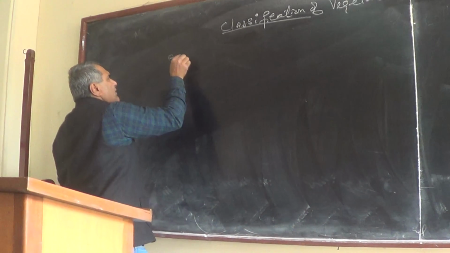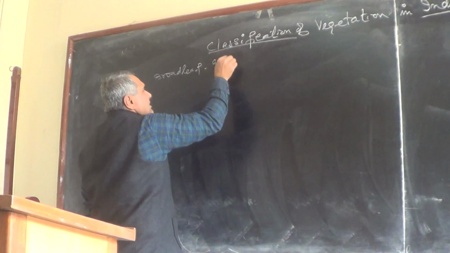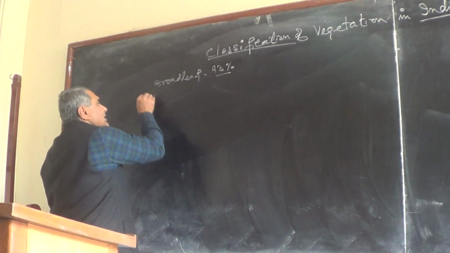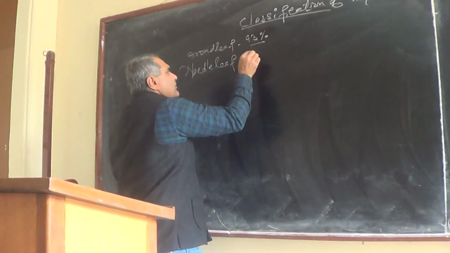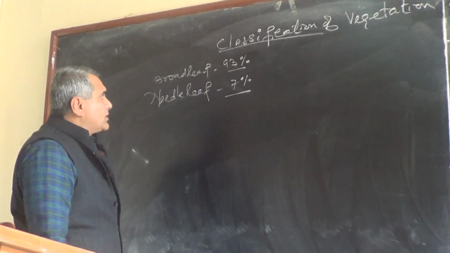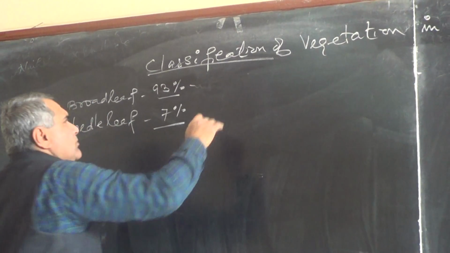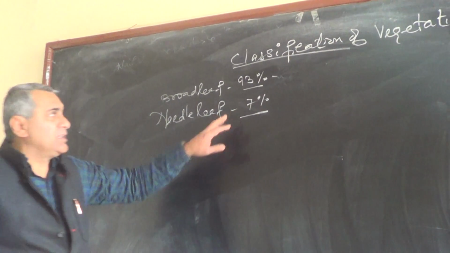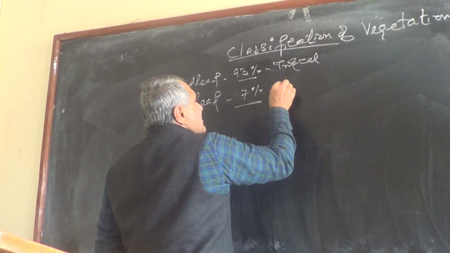One is the broadleaf vegetation. 93% of the total vegetation in India is broadleaf. Another is the needle leaf vegetation, which is only 7%. Broadleaf is basically tropical climate, and the 7% is temperate climate.